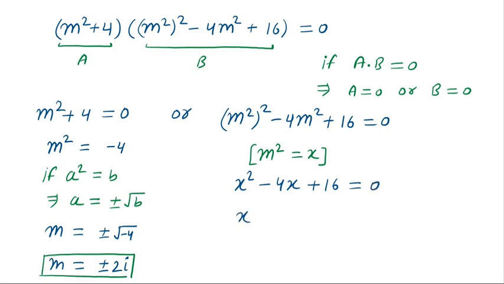Here it is x square minus 4x, and we can write this 16 as the sum of 4 plus 12, is equal to 0. Here x square minus 4x plus 4, and if we take this 12 to the right hand side, then this is minus 12. In the left hand side we have x square minus 4x plus 4 is equal to minus 12.